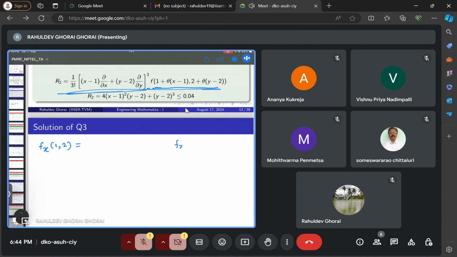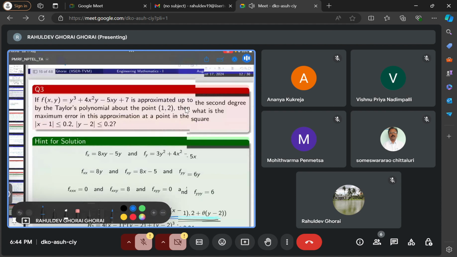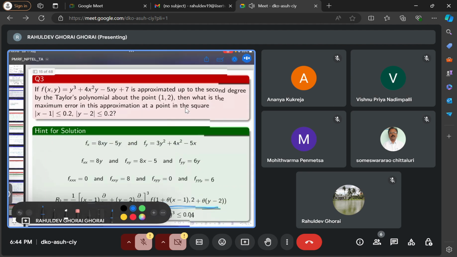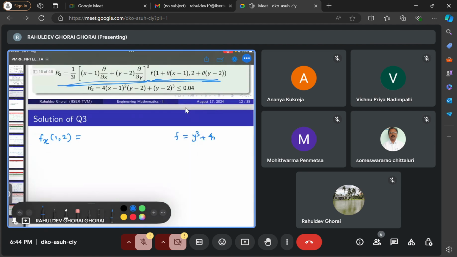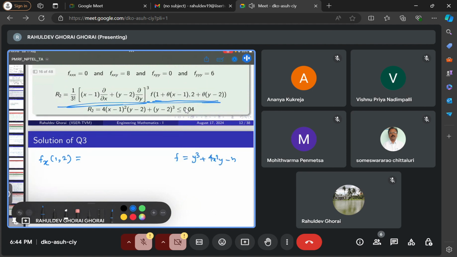What is f? f is nothing but y cube plus 4x square y minus 5xy plus 7. So fx will be 8xy minus 5y, right? So fx at 1 2 will be 16 minus 10, that is 6.